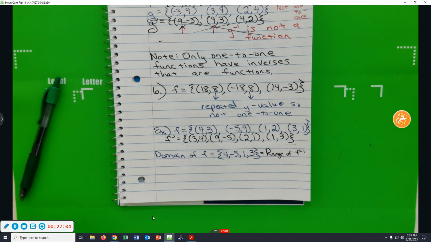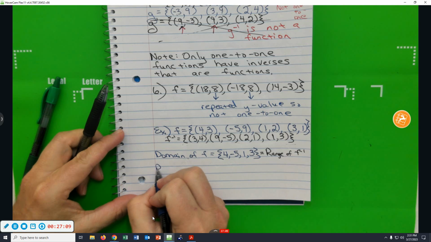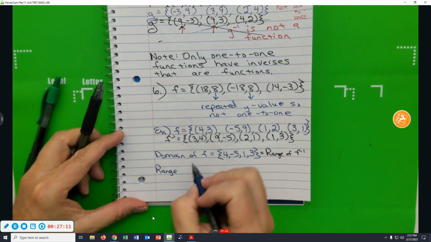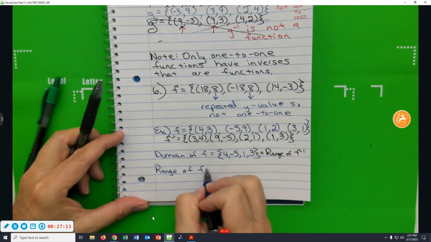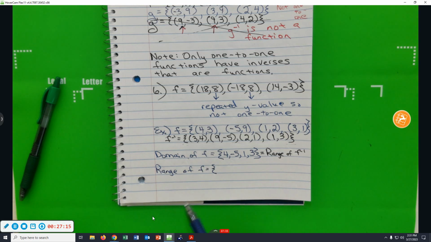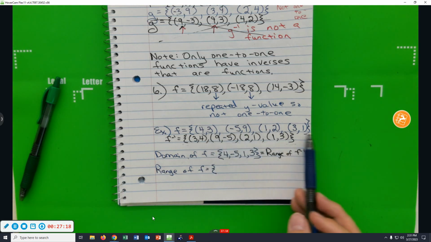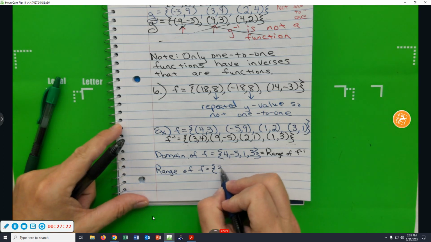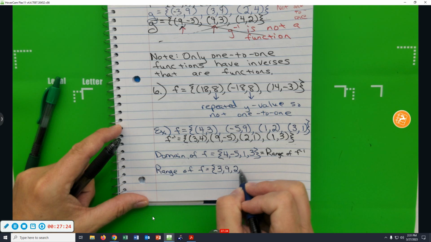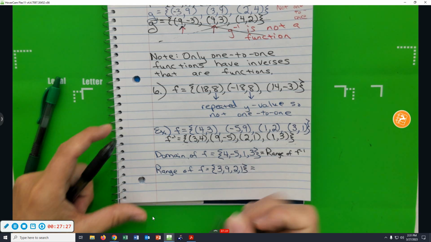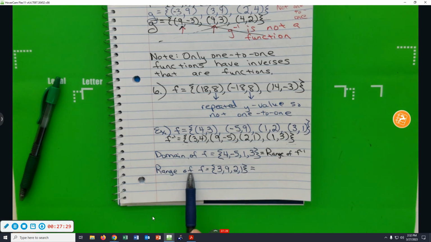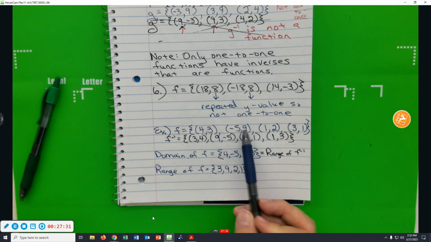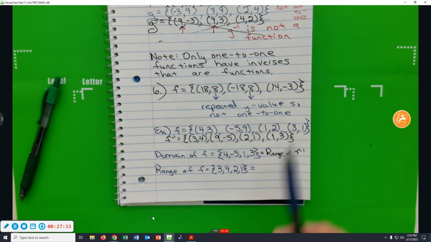Now let's apply that same logic to the range of f. We're looking at the range of f. What numbers are in the range of the original function? The range of f. The y's in the original. What do those y values become in the new function?